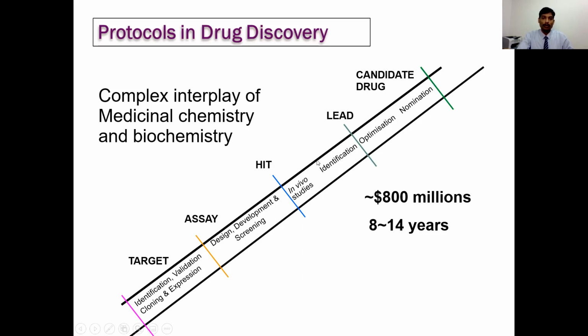So wherever you are able to reduce the time using any technique, it's going to be very beneficial to the pharmaceutical industry and the society. This molecular docking is helping in drug discovery at various steps, as we have discussed earlier.